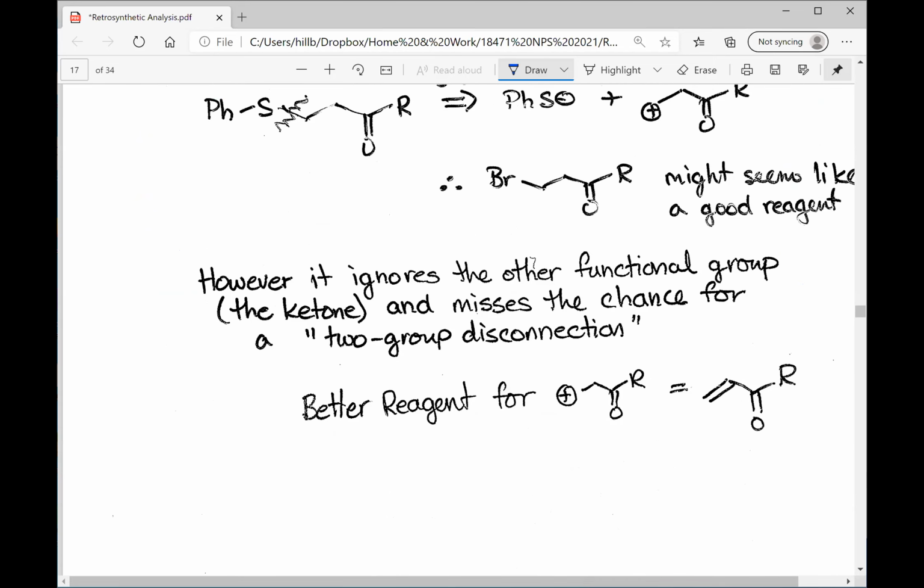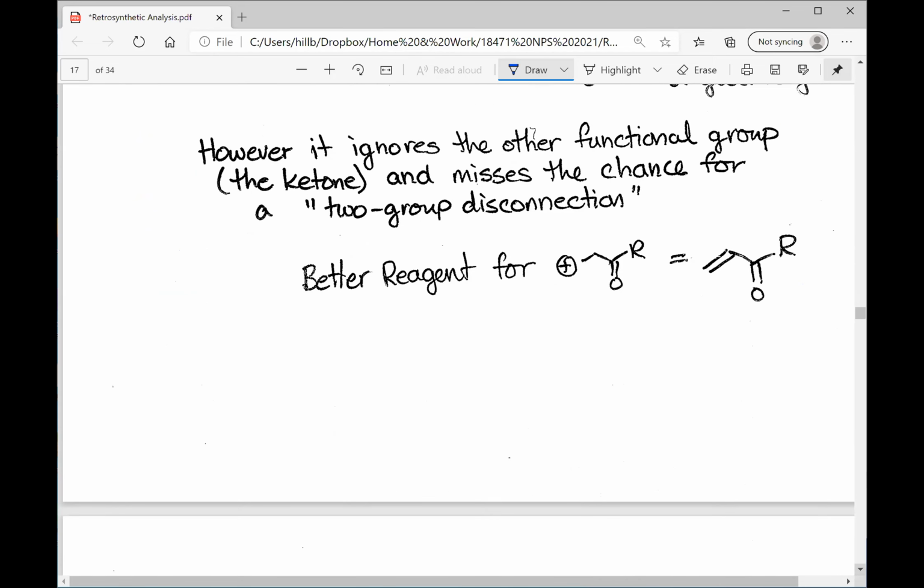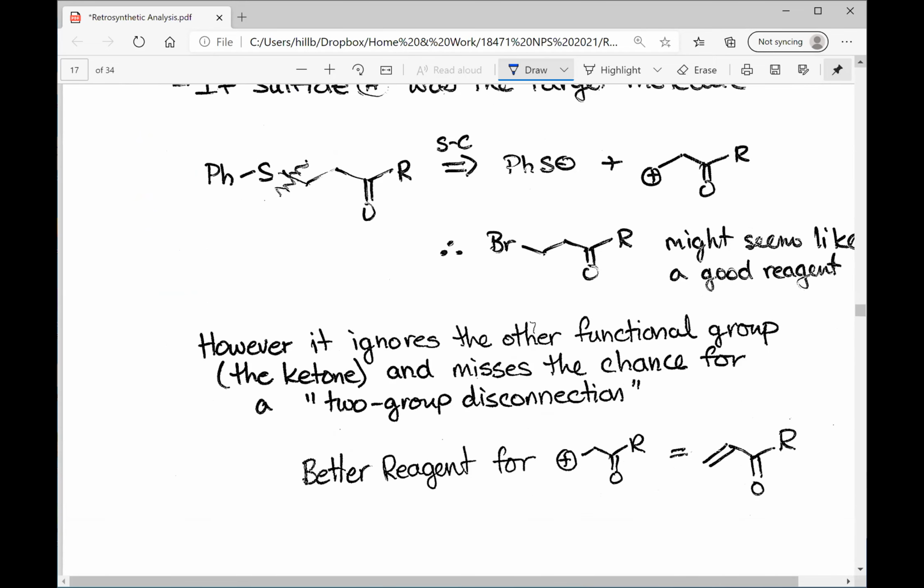So if sulfide A, I guess I should point out, where's sulfide A? Sulfide A is this guy here.